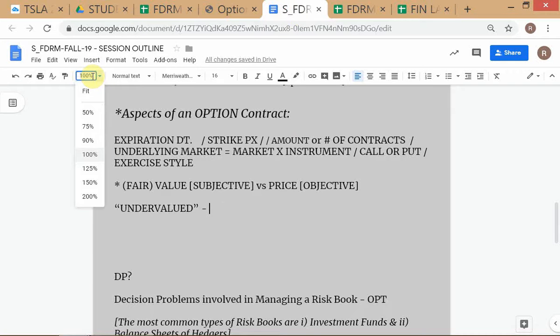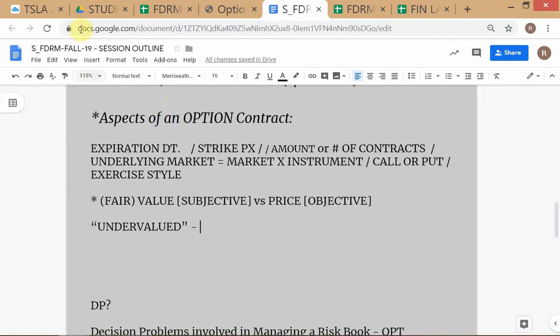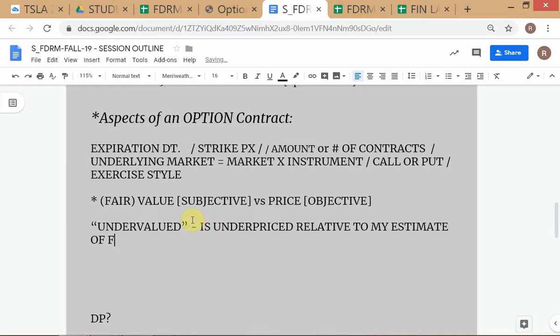What she should be saying, what she means, is that Tesla is underpriced relative to my estimate of fair value.